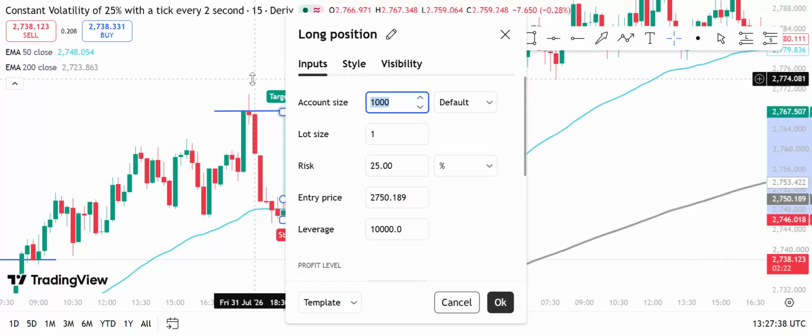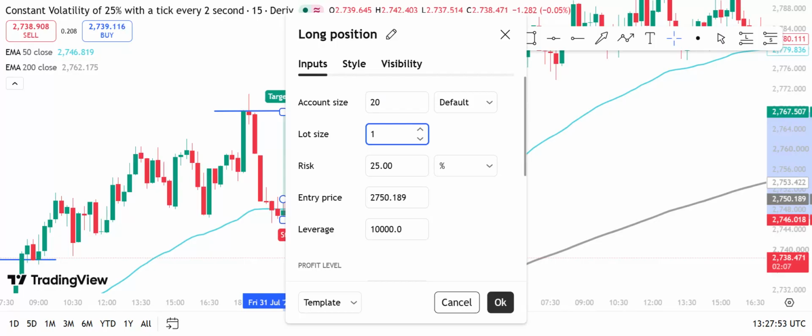Okay. So you see now they're asking me about account size, lot size, and all of that. So you can also put, let's say your account was 20 bucks, and you had entered here with a lot size of 1. This tool allows you to enter your values here and calculate.